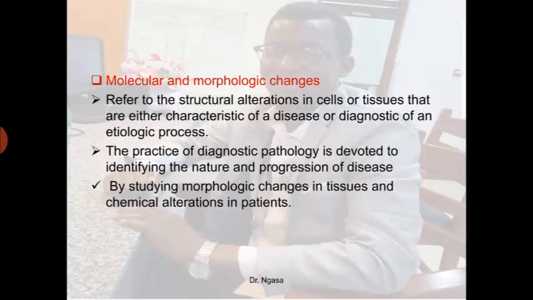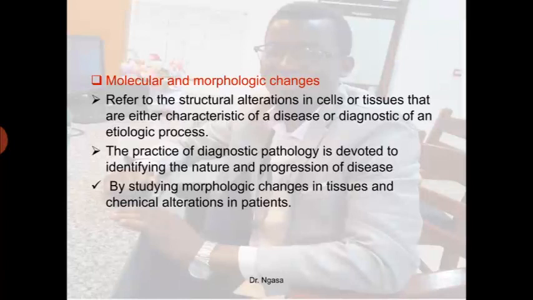Another aspect is molecular and morphological changes. These changes refer to the structural alterations in cells or tissue that are either characteristic of a disease or diagnostic of an etiological process. Here, on molecular and morphological changes, we look at the specifically affected cells or tissue.